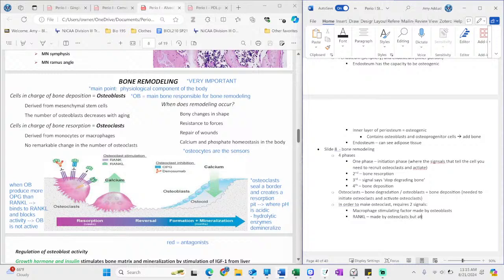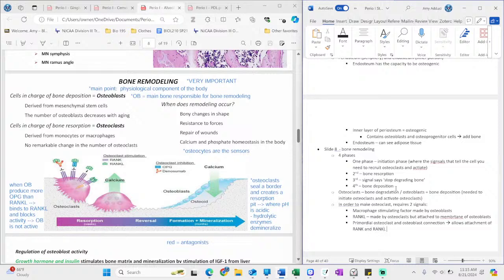So to produce an osteoclast, there has to be a very close interaction between the primordial osteoclast and an osteoblast to allow the connection between RANK in the primordial cell and RANKL in the osteoblast.